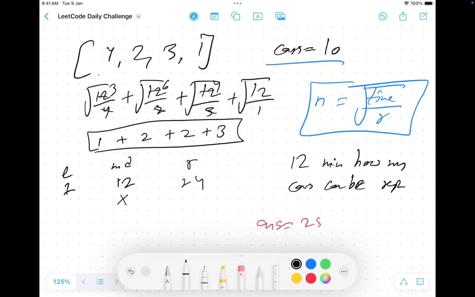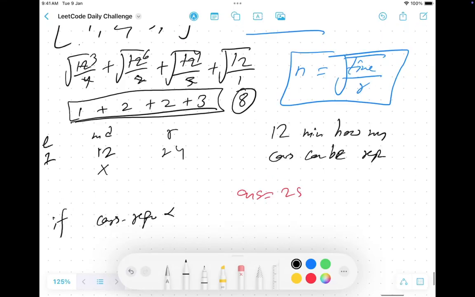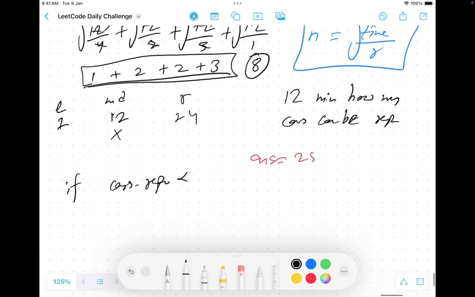So what I am saying is, if cars repaired is less than, it means I can repair only 8 cars, but 8 cars is not sufficient. I want to repair 10 cars. If cars to be repaired is less than the given cars, I want to move on to the right hand side.